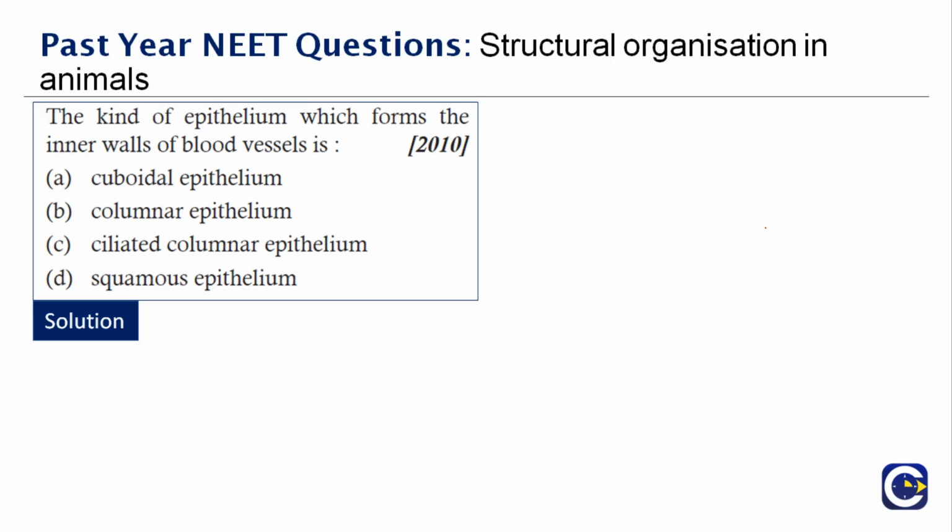Blood vessels have a kind of epithelium called squamous epithelium. Squamous epithelium is formed by a thin layer of discoidal and polygonal cells that fit like the tiles on the floor. So it is called a pavement epithelium.